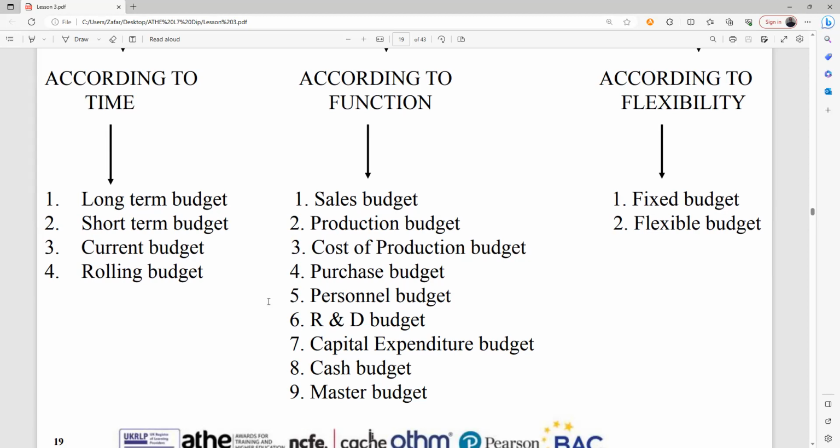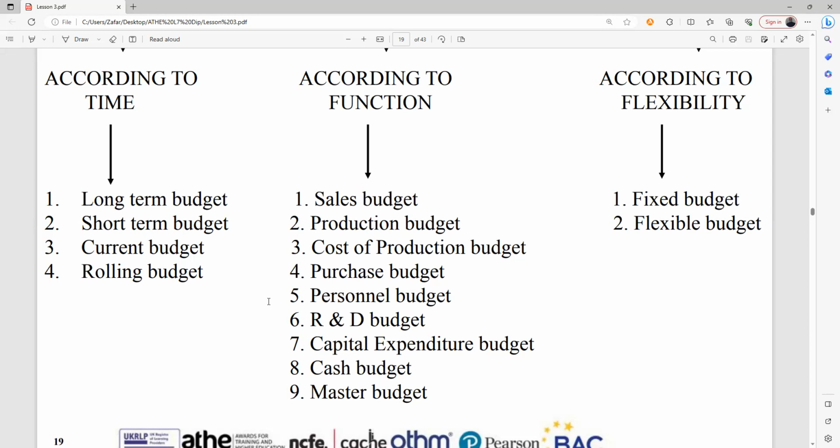In a country, for example, annual budgets are yearly, long-term or short-term budgets, right? In an organization, we can have production budgets, sales budgets, capital expenditure budgets, master budgets, right? And according to flexibility, as I said, it's a fixed budget, and sometimes they are flexible budgets.